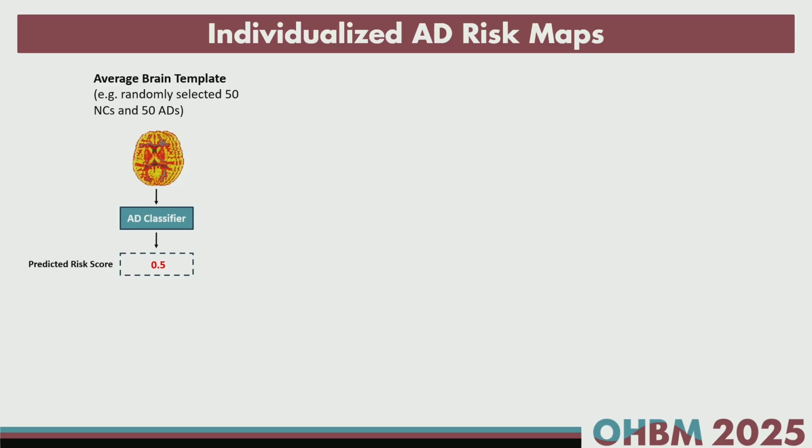Next, we want to generate individualized AD brain risk maps. To do this, we first created an average brain template, and the predicted score of this template is exactly 0.5, right between the most severe AD and the most healthy control.